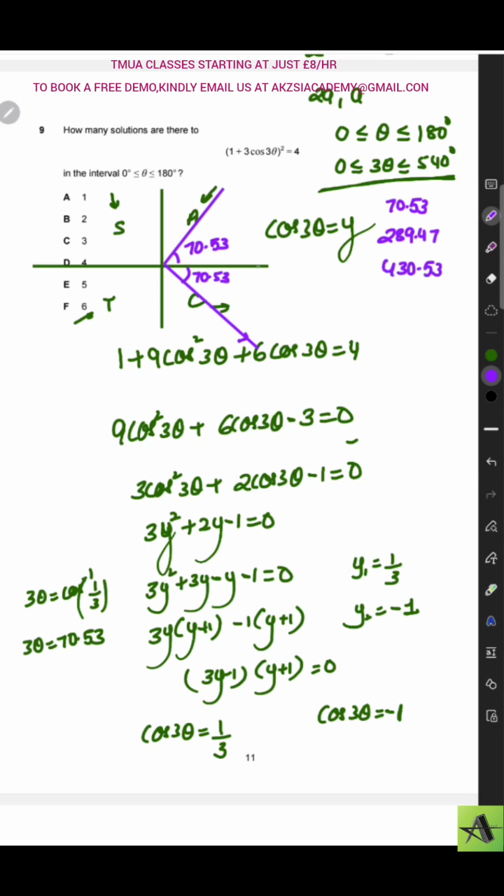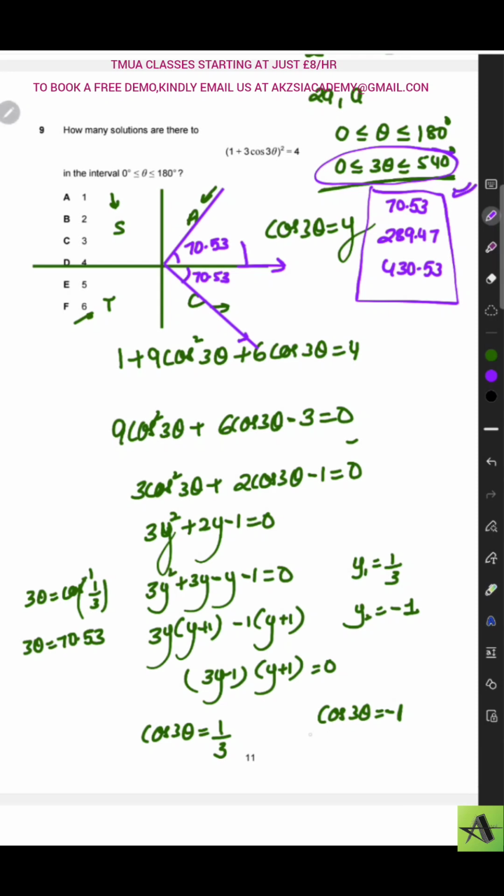And again, 720 minus 70.53 will give me 649.47, just the second round that I'm doing. Obviously, 3 theta has to be between 0 and 540, so this 649 we don't have to include. These three angles are there, so for cos 3 theta equal to 1 over 3, these three are the angles.